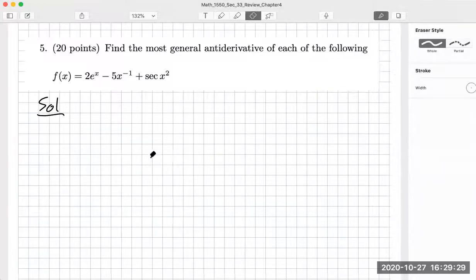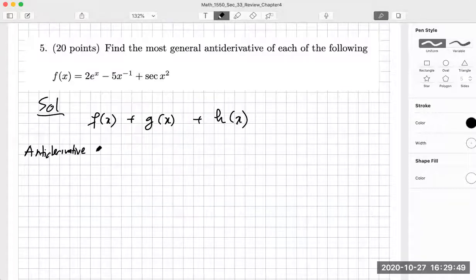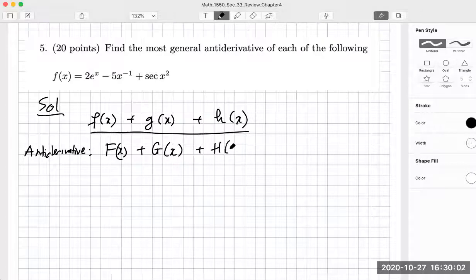In order to find the antiderivative of this, remember that if we have the function f of x plus g of x plus h of x, then the antiderivative of these will be the antiderivative of f of x plus the antiderivative of g of x plus the antiderivative of h of x, right?